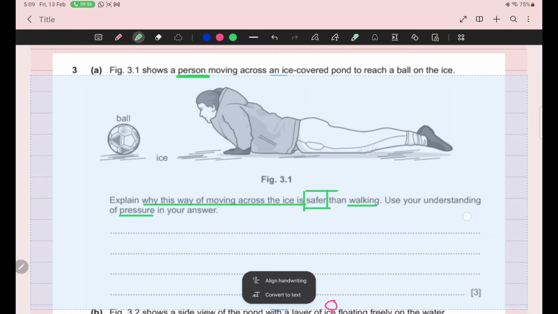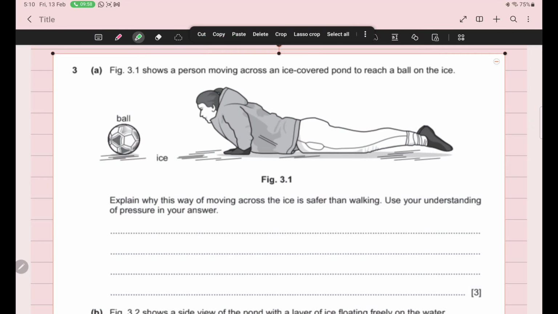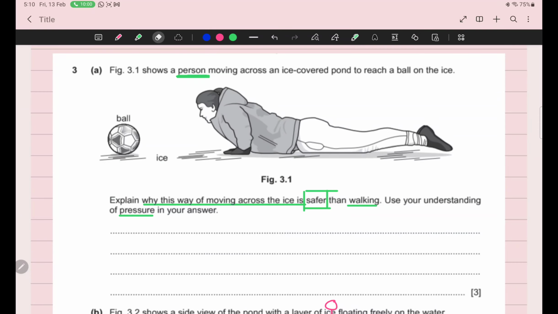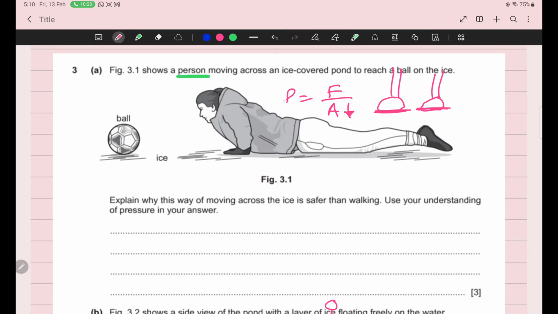It is safer than walking. So what does it mean? If the person is standing on the ice layer, then the whole weight of the person will be on his foot. The foot area is very small, and if area is small, then there is greater pressure.